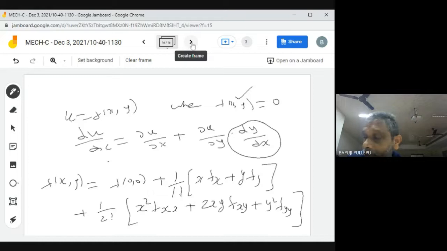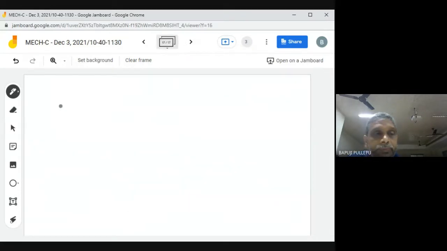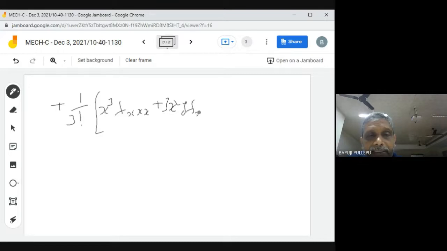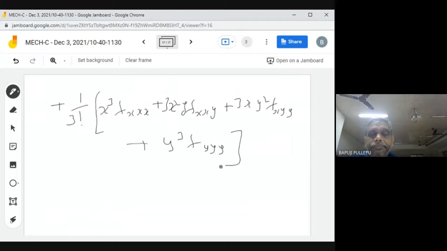Plus third, we will write up to third degree: 1 by 3 factorial, a plus b whole cube formula: x cube fxxx, then 3a square b means 3x square y fxxy, plus 3xy square fxyy, plus y cube into fyyy. Any problem?